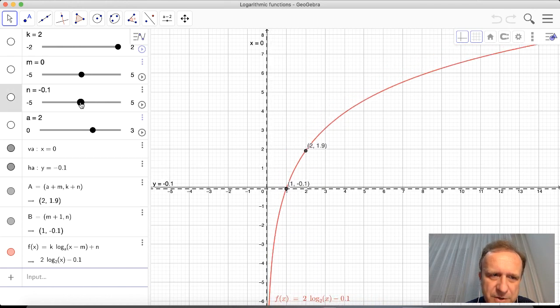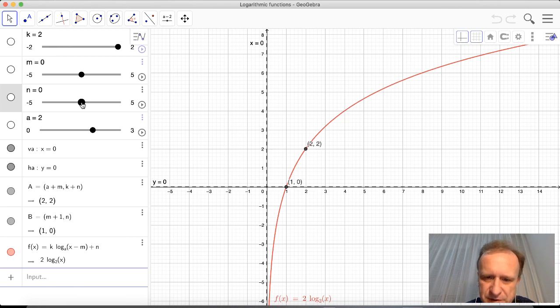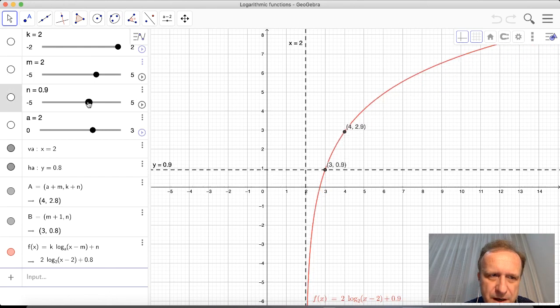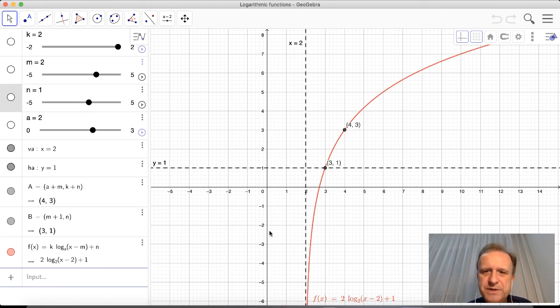You may imagine that we start with the function 2 times logarithm in base 2 of x, and we translate it by 2 units to the right, like this, and through 1 unit upwards, like that. So you see what the effect of these parameters is on the function, and now you will be able to sketch the graphs of these functions by yourself and do it very easily.